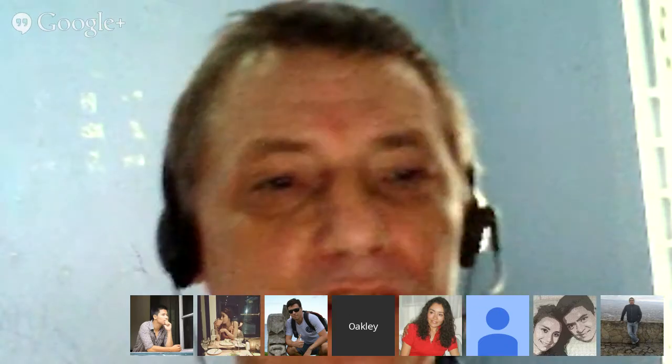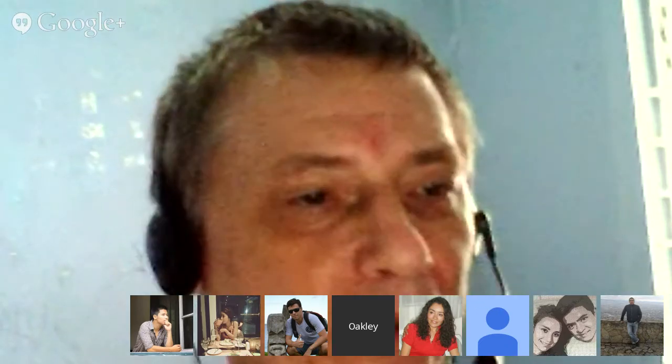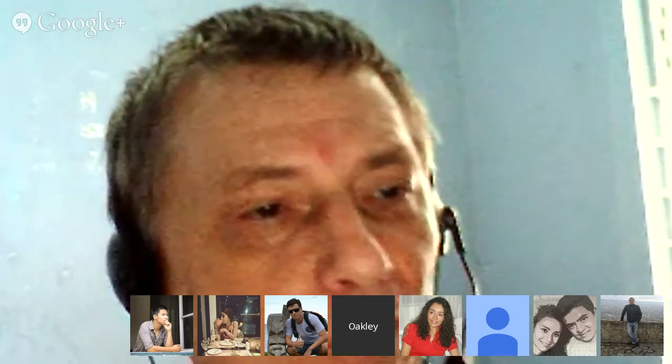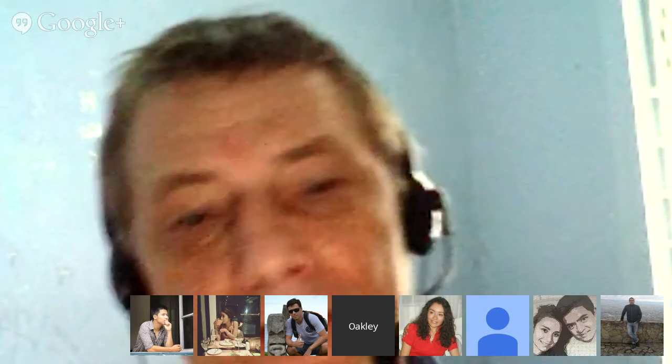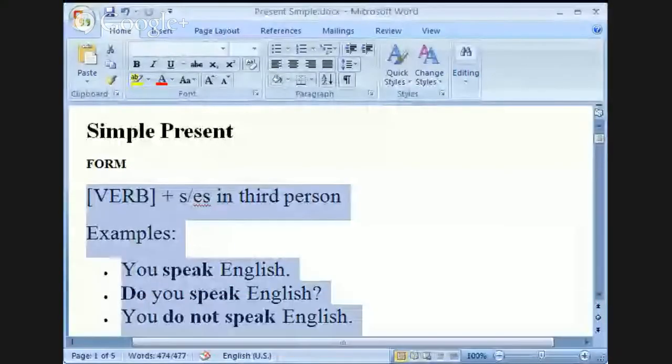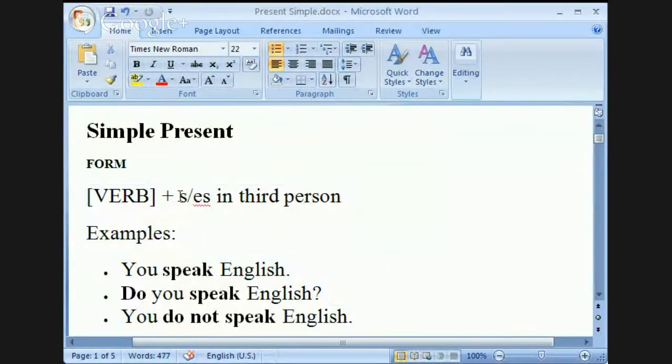I'm going to do a screen share with you, and we're going to learn about this simple present tense and when and where to use it. So here we go. First of all, simple present tense is formed by adding s or sometimes es to the main verb in the third person, or just the verb by itself if it's not in the third person.